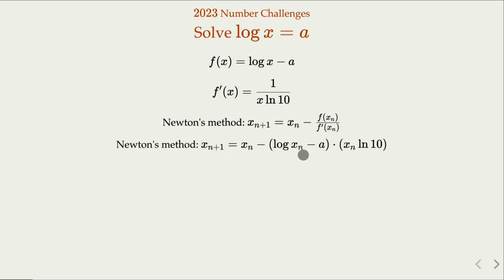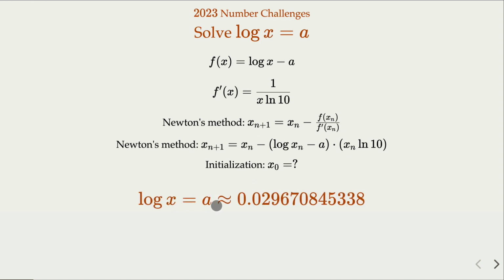That would be the recurrence relation in Newton's method to find x. Now, what about the initial value? Notice that we try to have a good estimate of the initial value. This is 0 dot something, so the leading digit of x would be 1 to 9.